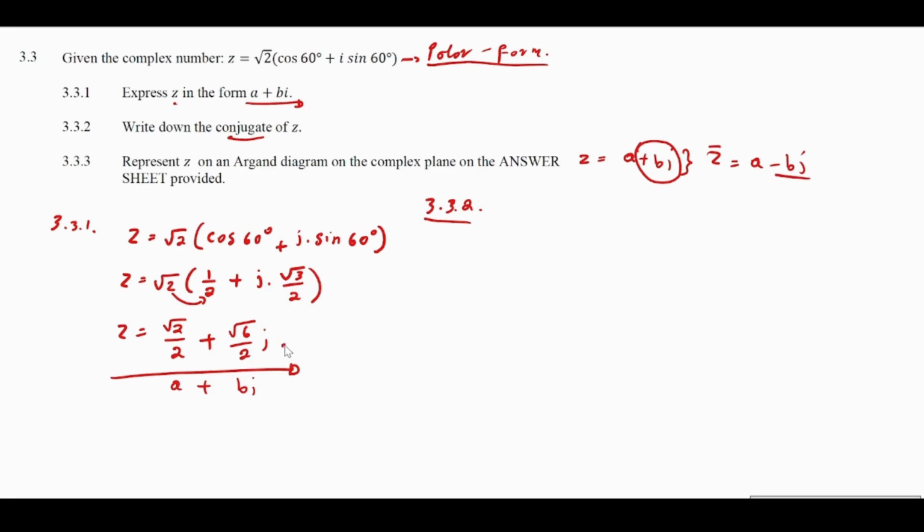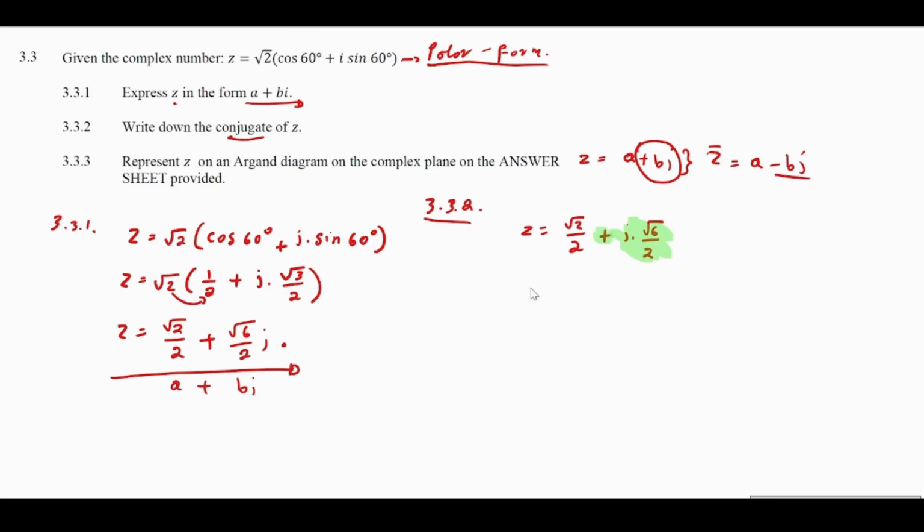So this is our rectangular form, z, which is given by the square root of 2 divided by 2 plus i multiplied by the square root of 6 over 2. It's still the same thing, guys. So which part is complex? This one here is the one that is complex. So this one here is positive.